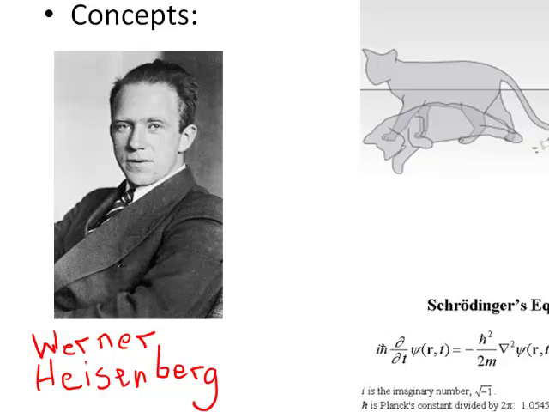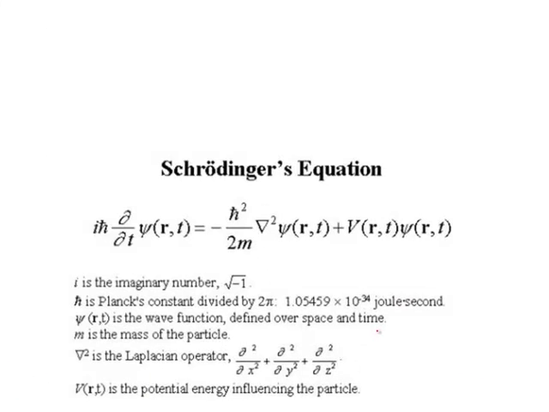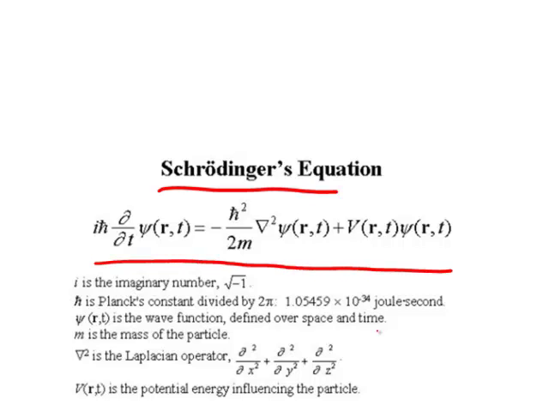But then a guy came along named Erwin Schrodinger, and he developed a simpler mathematical equation which dealt with wave functions, and he was able to come up with an equation to calculate the velocity and the position of an electron.